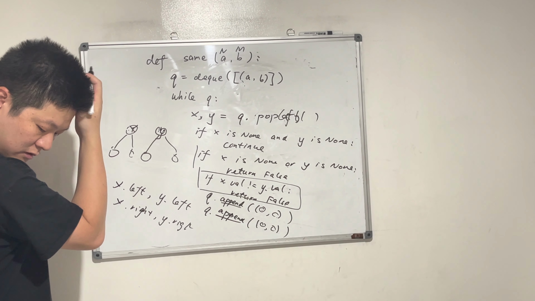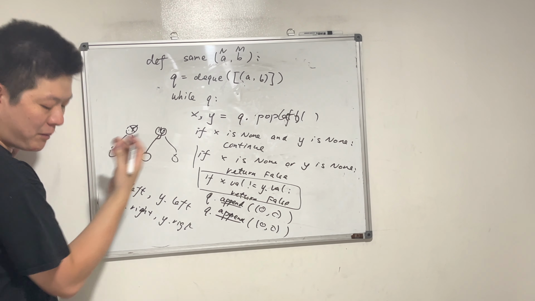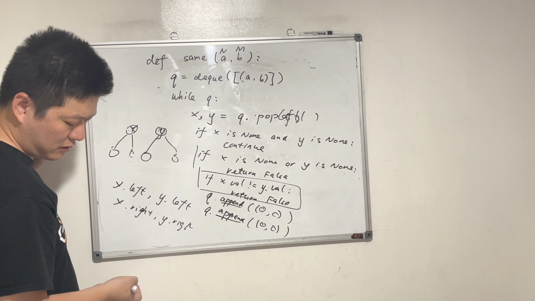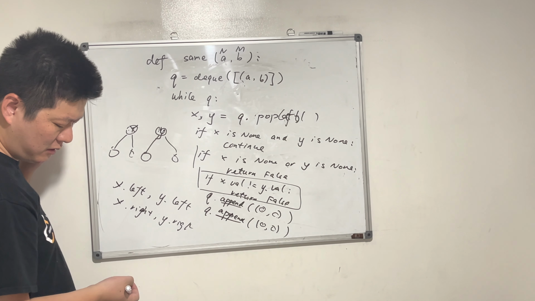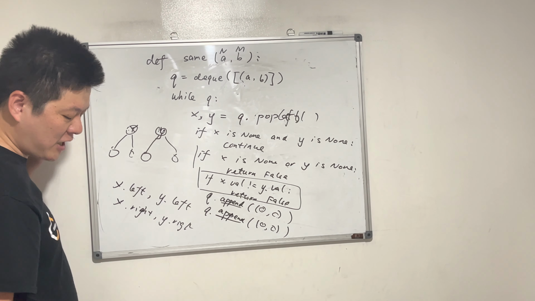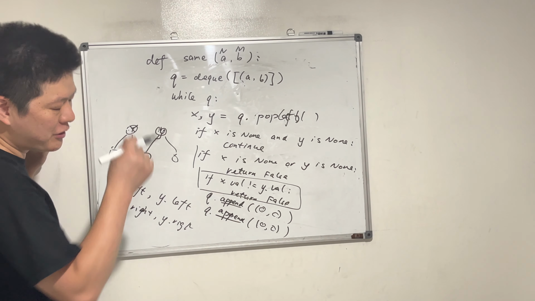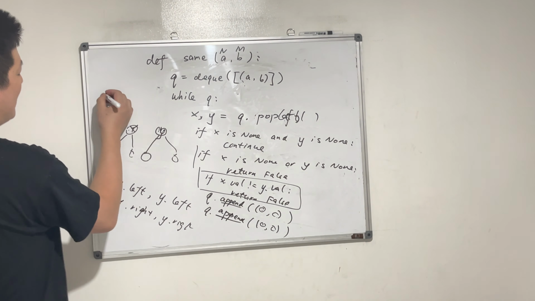N, M. What's the time complexity yesterday for the depth search? N plus M. No. What was it? If one tree has one node, and the other tree has a million nodes. Minimum, not max. Yeah, minimum of N and M, right?